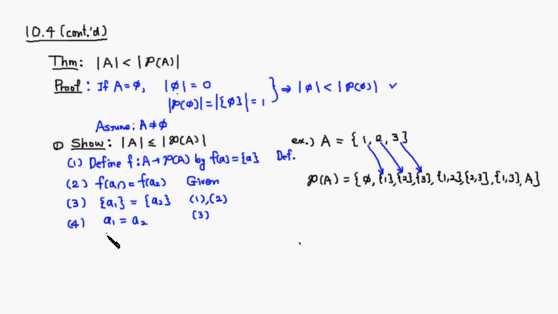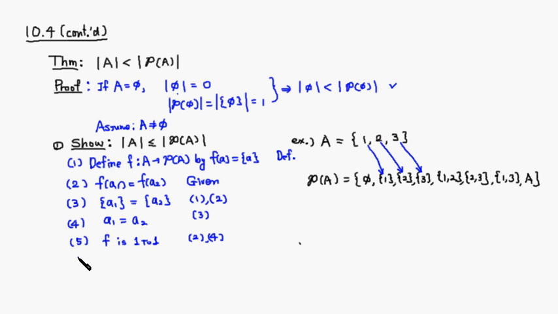So this implies line 5: now we know that f is one-to-one, since line number 2 implies line number 4.